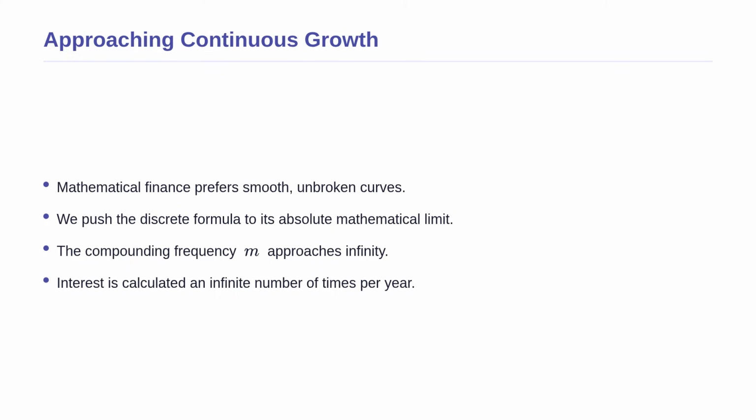We imagine the compounding frequency approaching infinity. This means we are calculating and adding interest an infinite number of times per year, at every possible instant. We prefer this continuous measurement because it creates a smooth, unbroken mathematical curve. This smooth flow makes the complex calculus used in pricing options and derivatives much easier to solve.